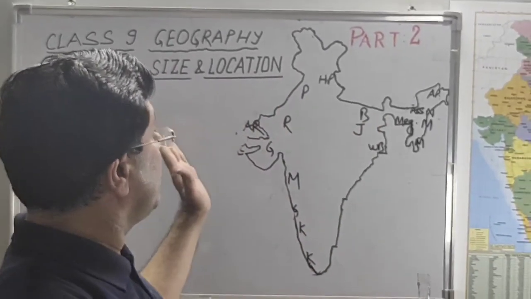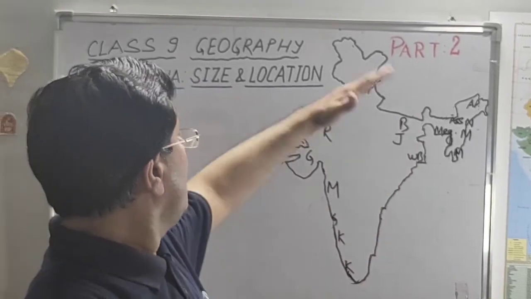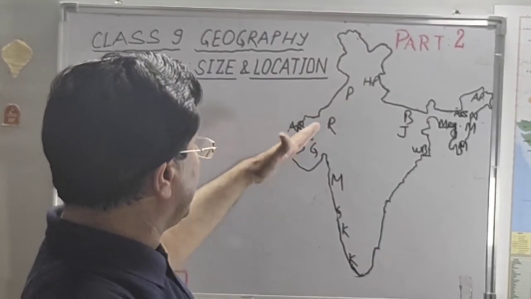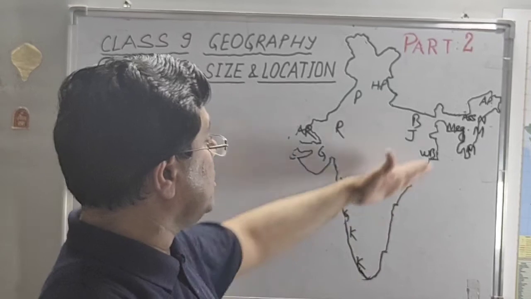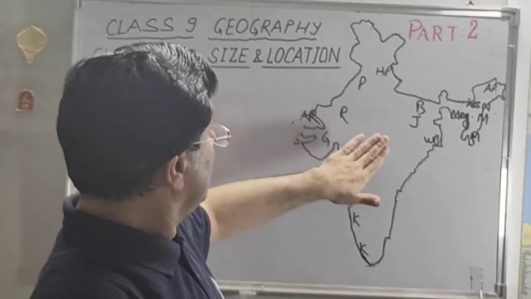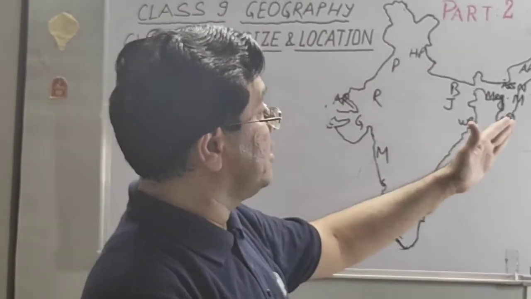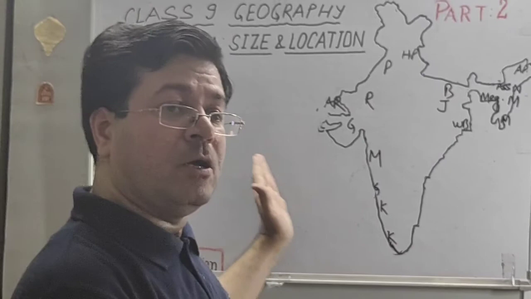In this video we have talked about the states and their capitals, the states located along the western coast, along the eastern coast, the states which are neither located on any coast nor on any international frontier, and many other aspects related to the chapter.